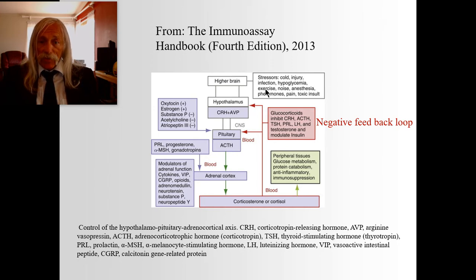Of course, infection, which we've been talking a lot about: bacterial, fungal, viral, parasitic. Hypoglycemia, right? When you have very low levels of glucose in circulation, you can obviously go into coma if it gets really bad, but before that you can just simply suffer from syncope, that is fainting.